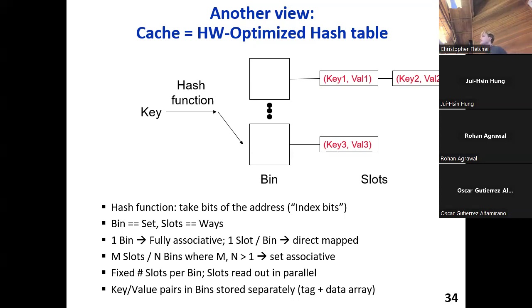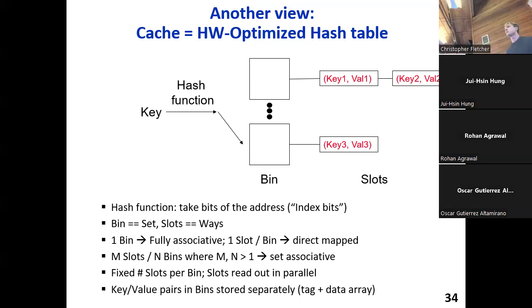If you remember back from CS61C, you might remember that there are several parts of an address. There's the cache line offset, there's the index bits, there's the tag, and you only check the upper bits of the tag to the keys in the key value pairs when you're actually traversing each bin.